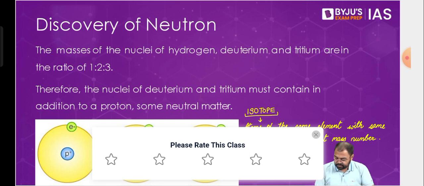Very quickly, if I ask you how to define atomic number, is it the number of protons, is it the number of electrons, or is it both?